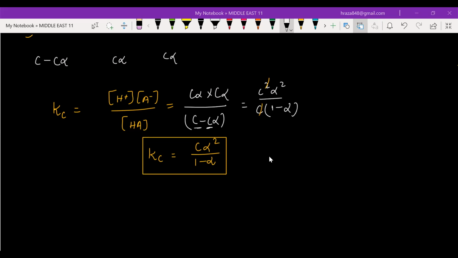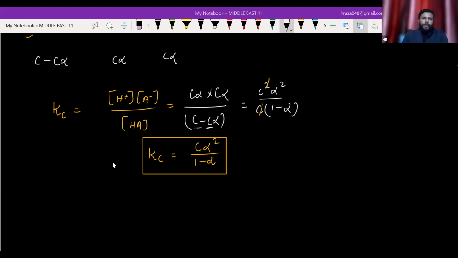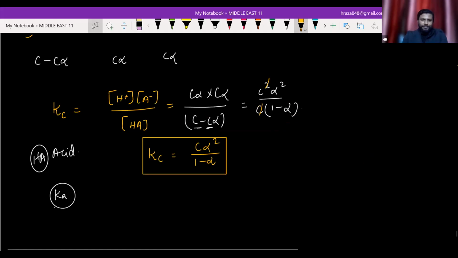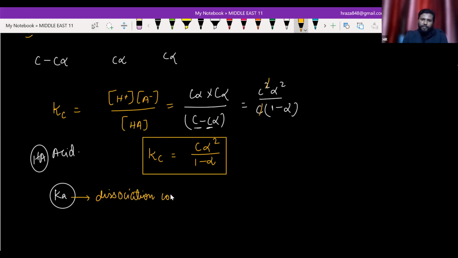Now see, what I want to say is that this HA is basically acid, so we use Ka instead of Kc. This Ka is basically the dissociation constant for acids.